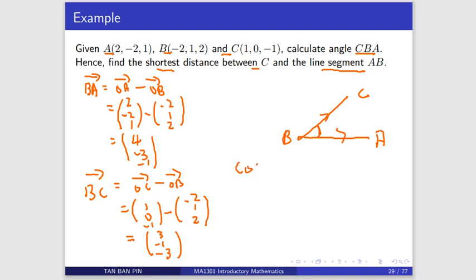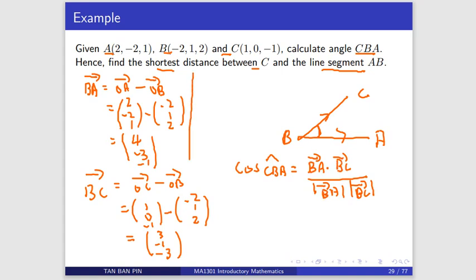So cosine of angle CBA is just vector BA dot vector BC over magnitude of BA times magnitude of BC. So let's look at vector BA dot vector BC.